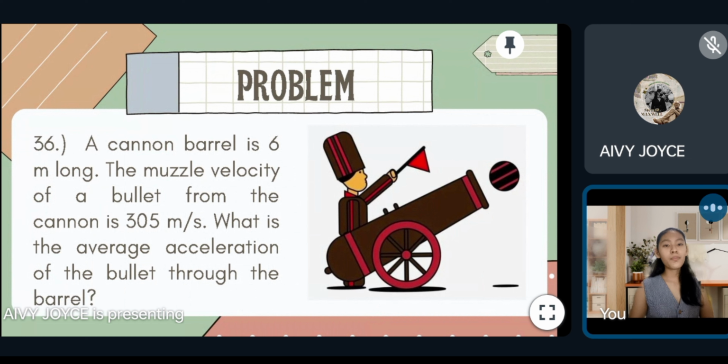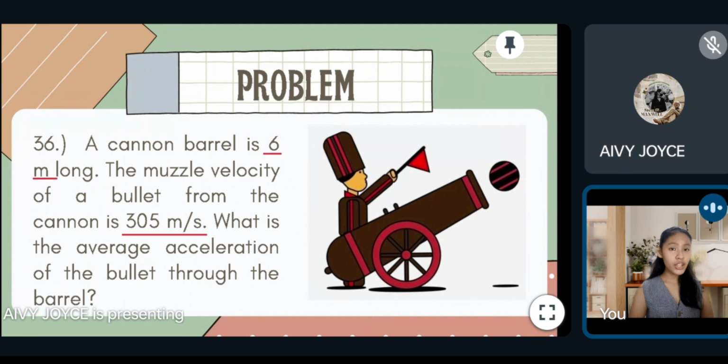So analyzing the problem, we're going to find the distance and the initial velocity or final velocity that is given here. The barrel is 6 meters long, which is going to be our distance, and 305 meters per second is going to be our velocity. But what is our problem, or what are we going to find?